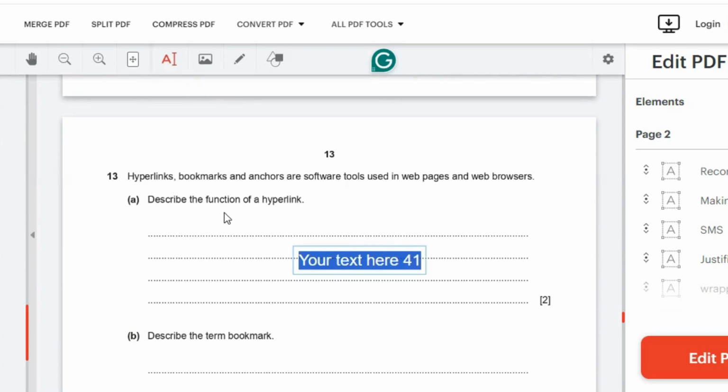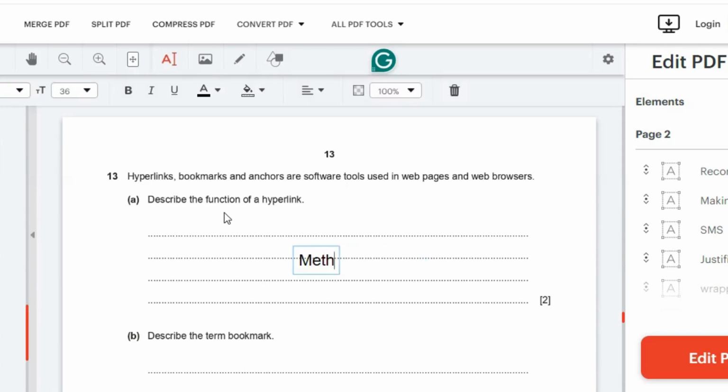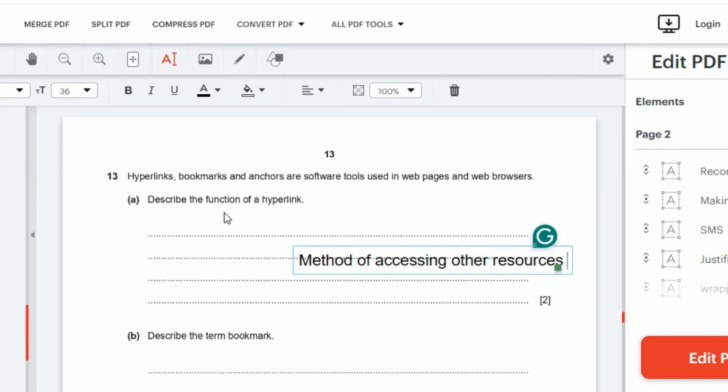A hyperlink is a method of accessing other resources from the current web page.